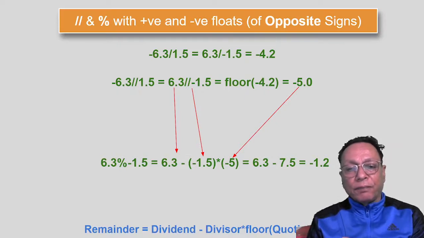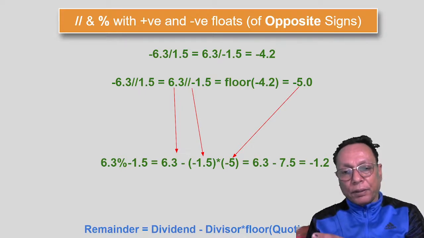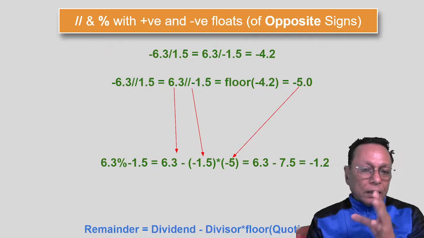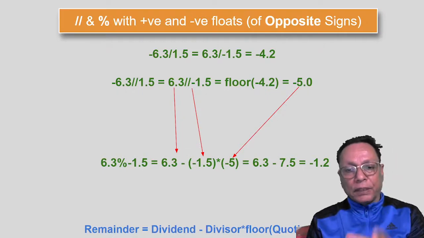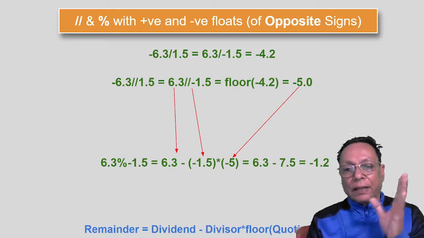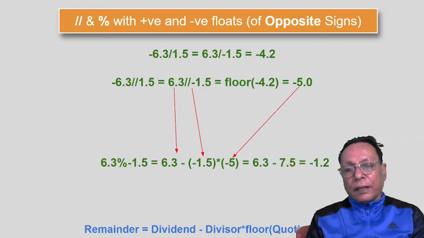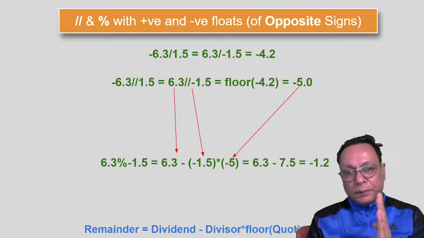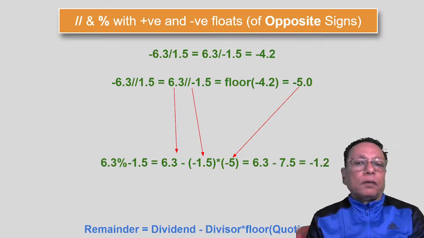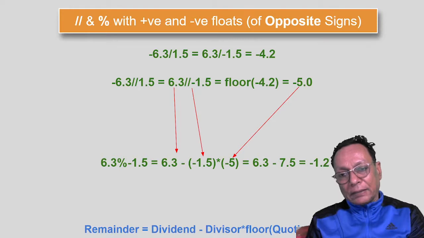So the relation will give you 6.3 minus 7.5, and hence the remainder is minus 1.2. So when the dividend is positive but the divisor is negative, the remainder will also be negative. So this way we can calculate the quotient and the remainder for same signs and for opposite signs, positive and negative.